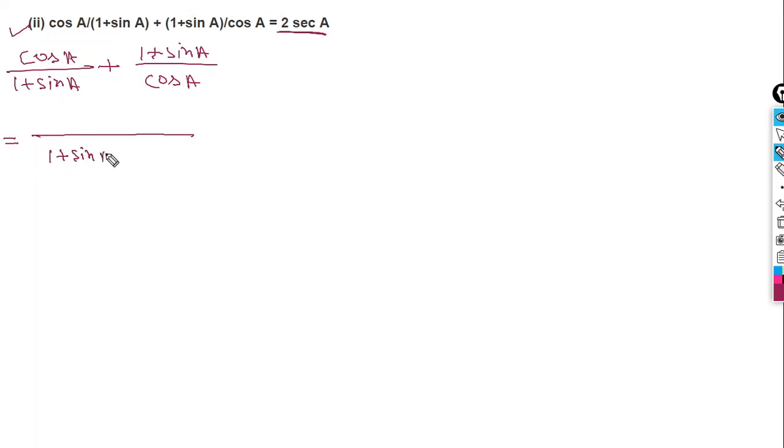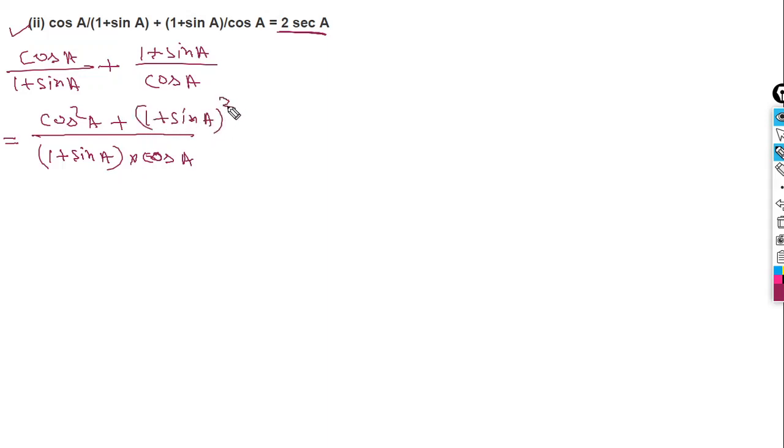Cos A by 1 plus sin A plus 1 plus sin A by cos A, we have to prove this equals 2 sec A. Now we will simply add them. The LCM will be (1 plus sin A) into cos A. In the numerator it will be cos square A plus (1 plus sin A) whole square.